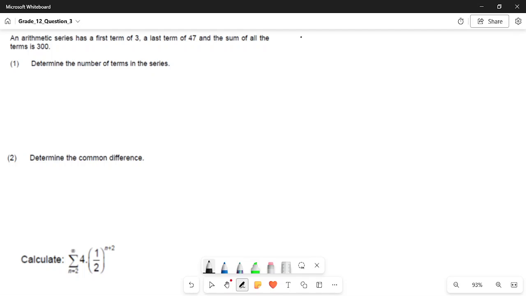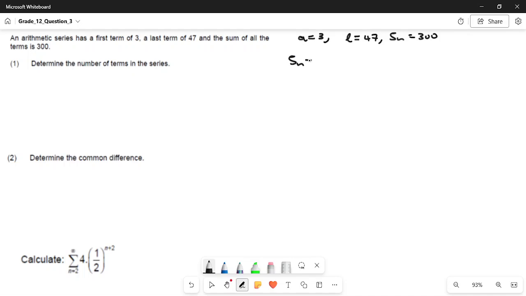First, writing down the given information. Our first term, a, is the value 3, our last term, indicated by L, is 47, and then our S sub n, the sum, is 300. For arithmetic sequences, we've got two ways to find the sum.